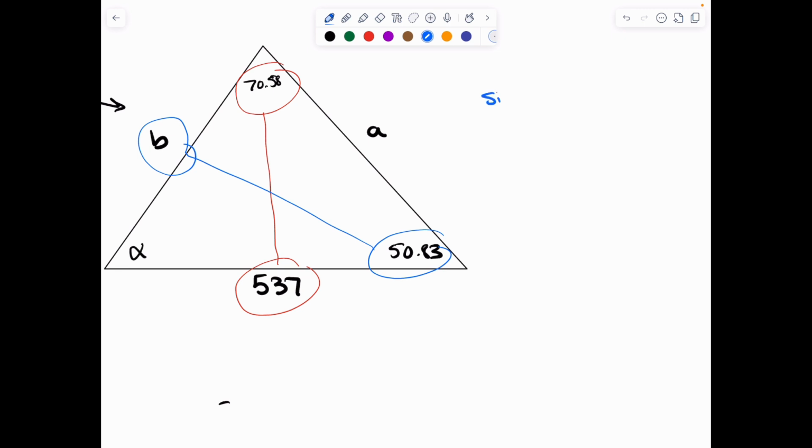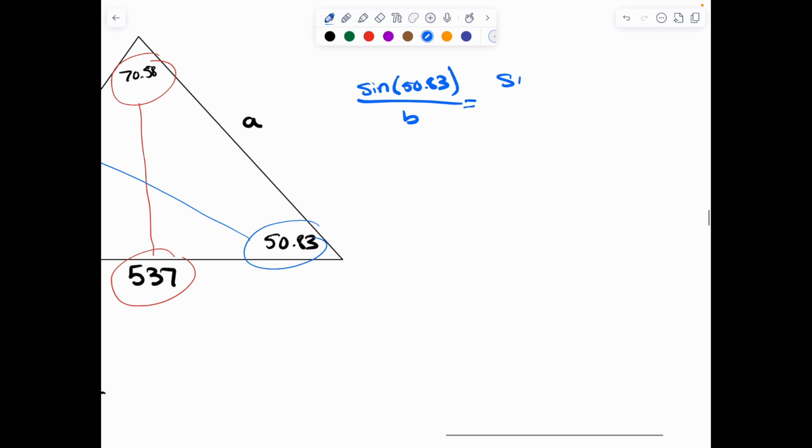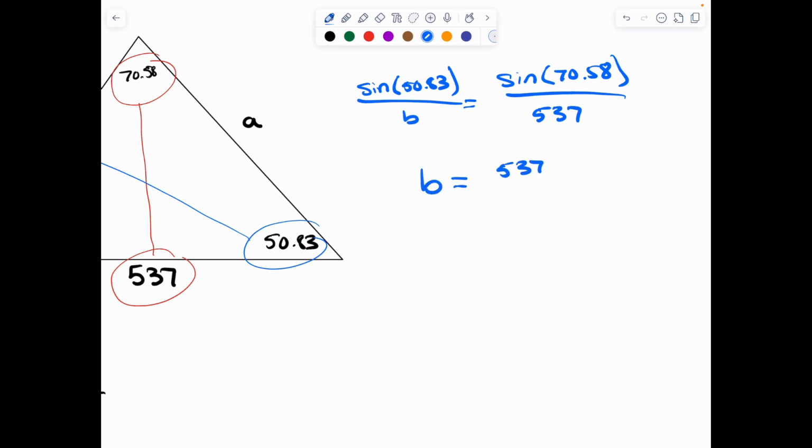And so I'm going to do the sine of 50.83 over b is going to equal the sine of 70.58 over 537. Doing some rearrangement, I end up with b is equal to 537 times the sine of 50.83.